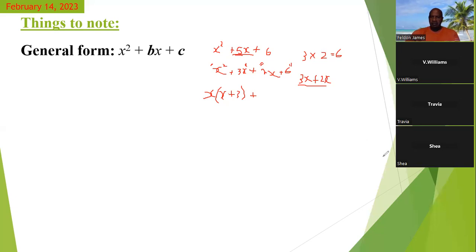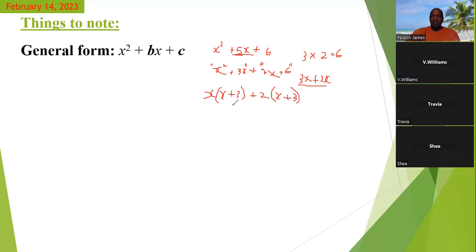Michelle? Sir, 2. All right, so the common factor here will be 2. And we say 2 into 2x, the 2 cancels out, leaving the x. Keep the plus sign. 2 into 6 gives you 3. So we put 3 in the bracket and we close the bracket.